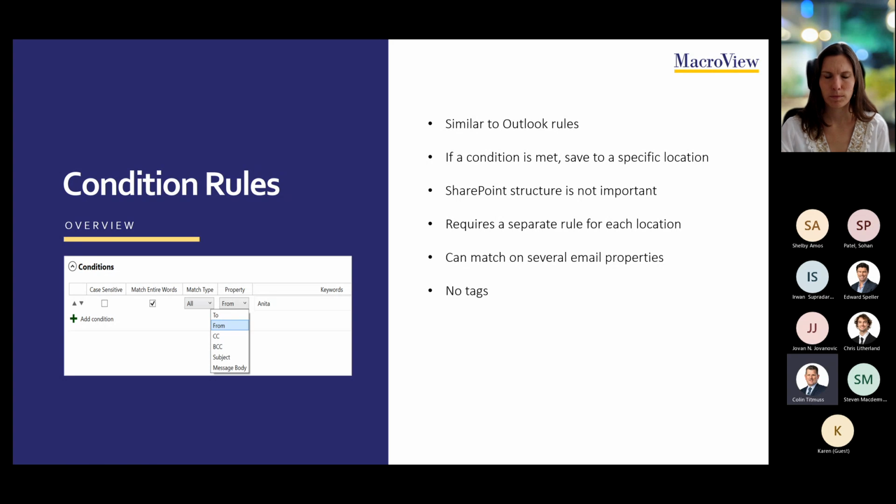So structure is not too important with these types of rules, because each rule has a condition and a specific location you're going to save to. So there's no real structure dependencies. However, you do need a new rule for each new location. And ideally, we recommend a smaller number of rules, because those rules have to be processed when emails arrive. So the tag type rules are far more powerful, because a single rule can handle any number of locations. So that's the first of them.